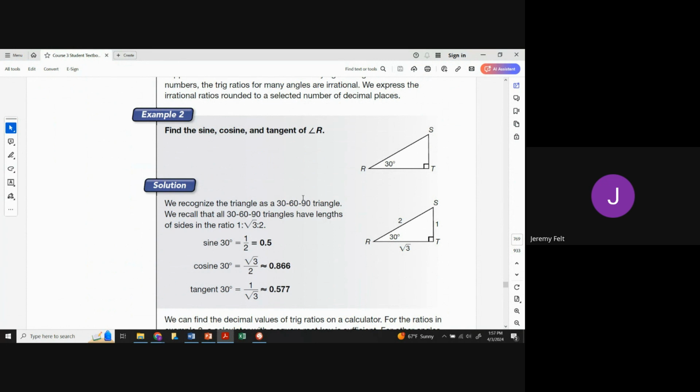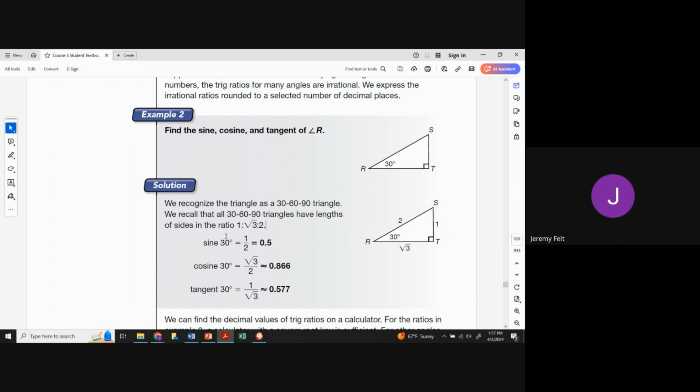So we have a 30, 60, 90 triangle, and then we can go back to those ratios that we talked about a while ago, and I let you guys write it down on your reference sheet. But again, 1 to root 3, because 1 squared plus the square root of 3 squared is 4, square root of 4 is 2. So that's where we get this relationship for a 30, 60, 90 triangle.